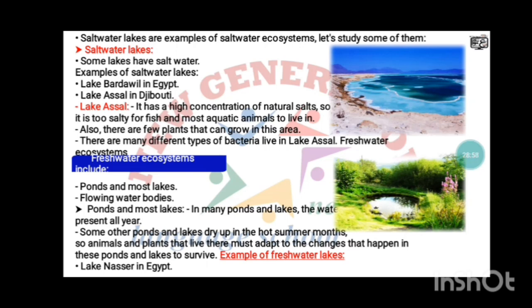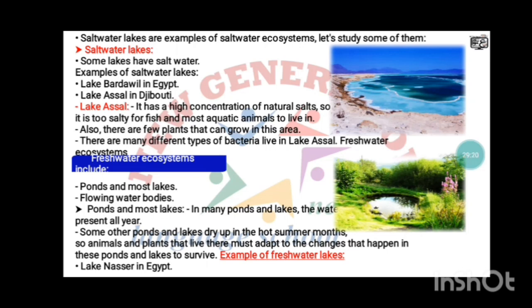So, give reason. It's very difficult for fish or most aquatic animals to live in Lake Assal because it has a high concentration of natural salts.